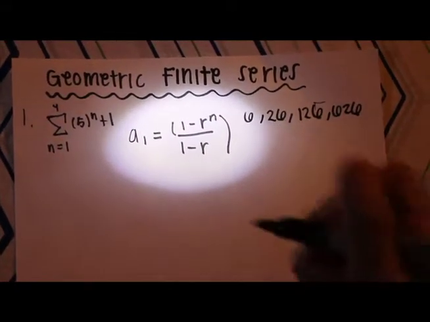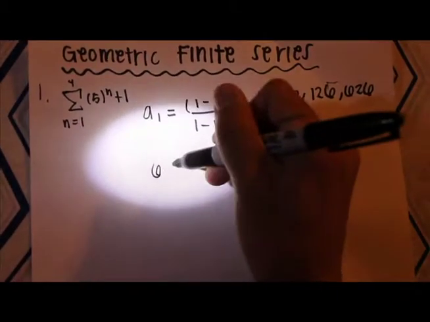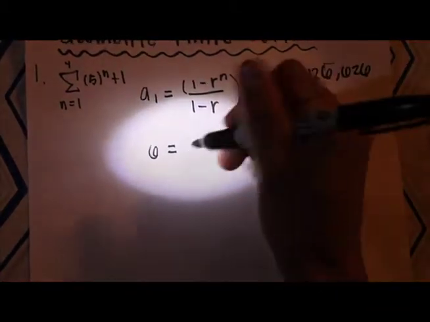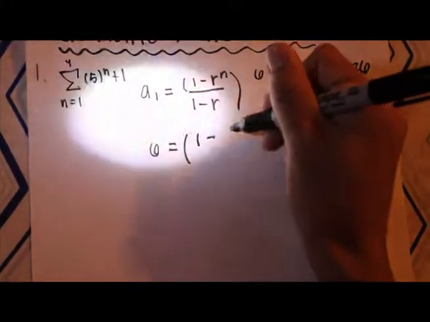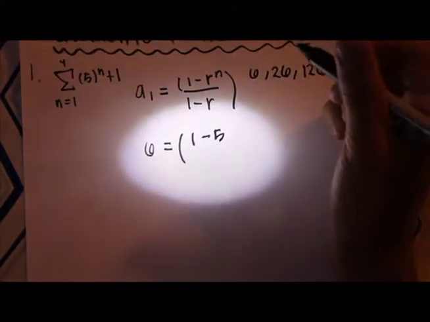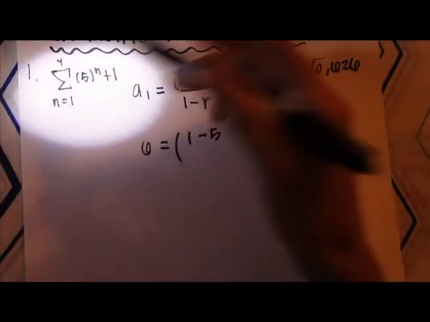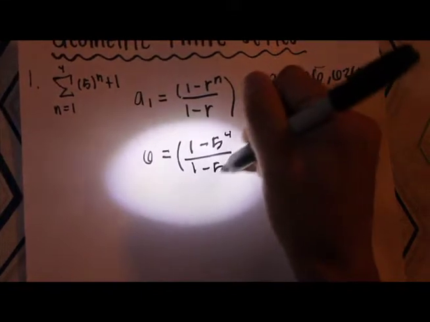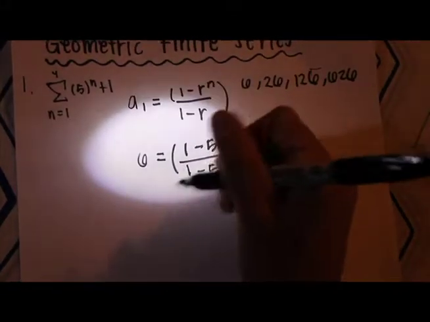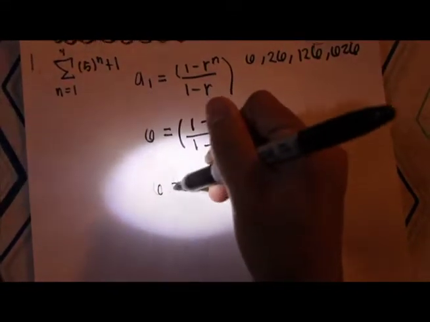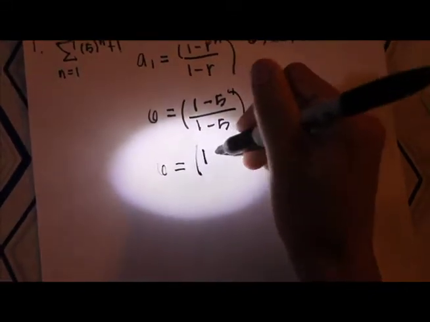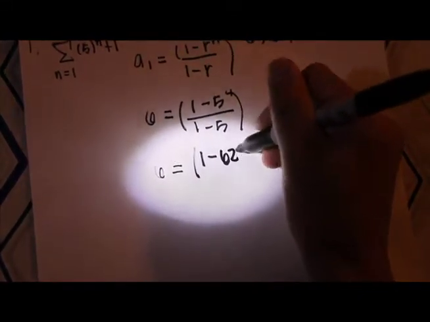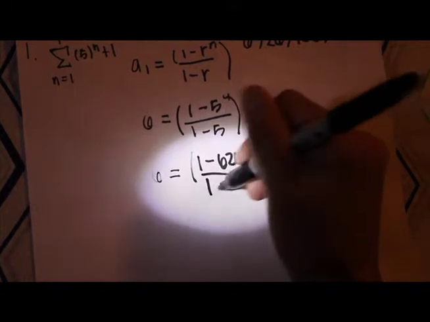Our first term is 6. So we start with that, and we plug in 1 minus the rate, which is 5, to the n, which is 4, over 1 minus 5 again. So 6 times 1 minus 625 over 1 minus 5.